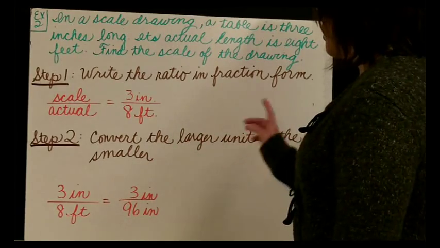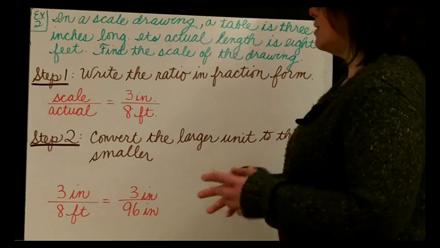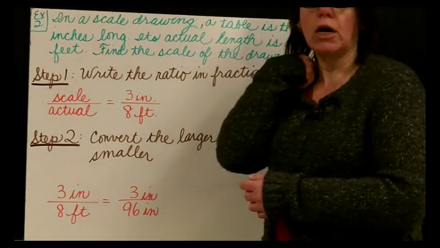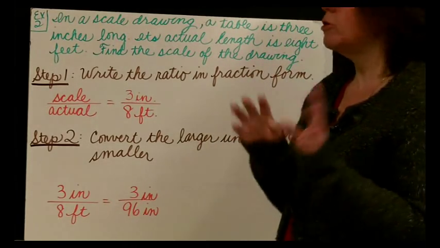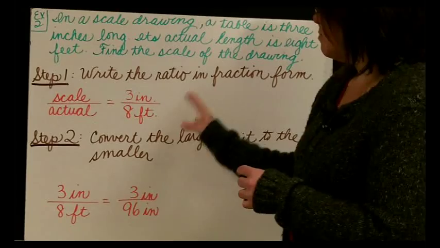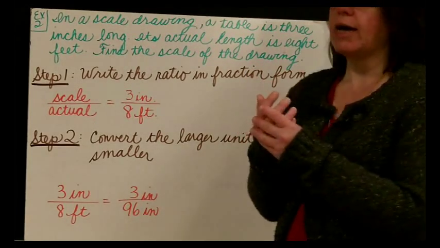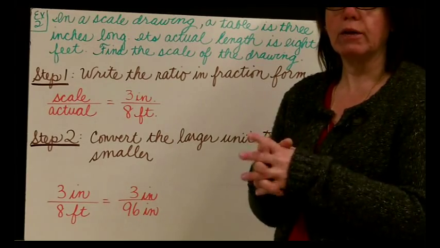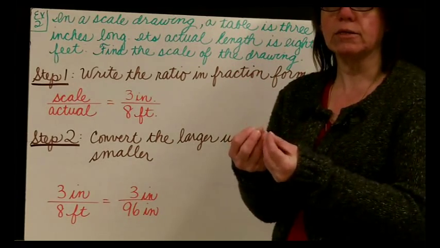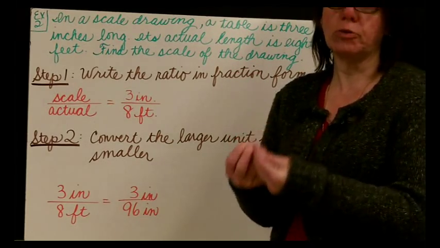Convert the larger unit to the smaller. What that means is, since we are looking to have our numerator be 1, and we want to know what the exact scale is, we have to work with common units.